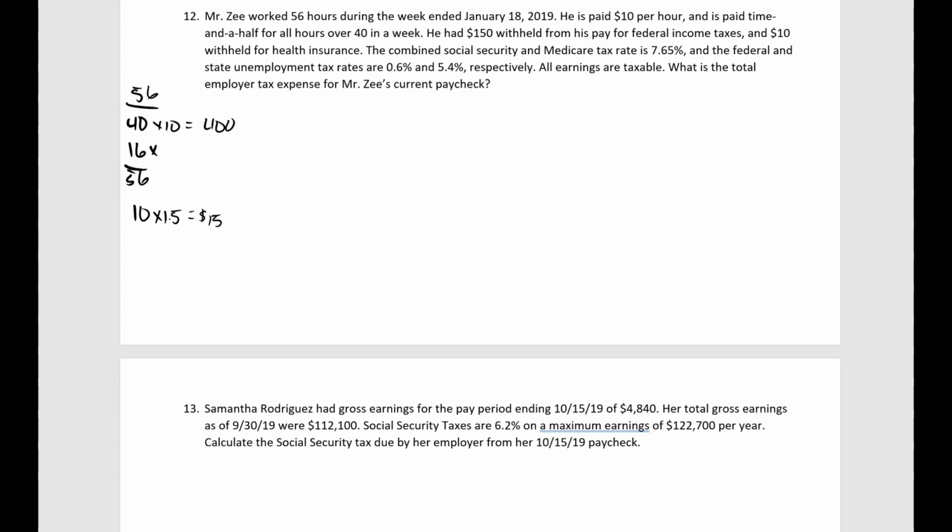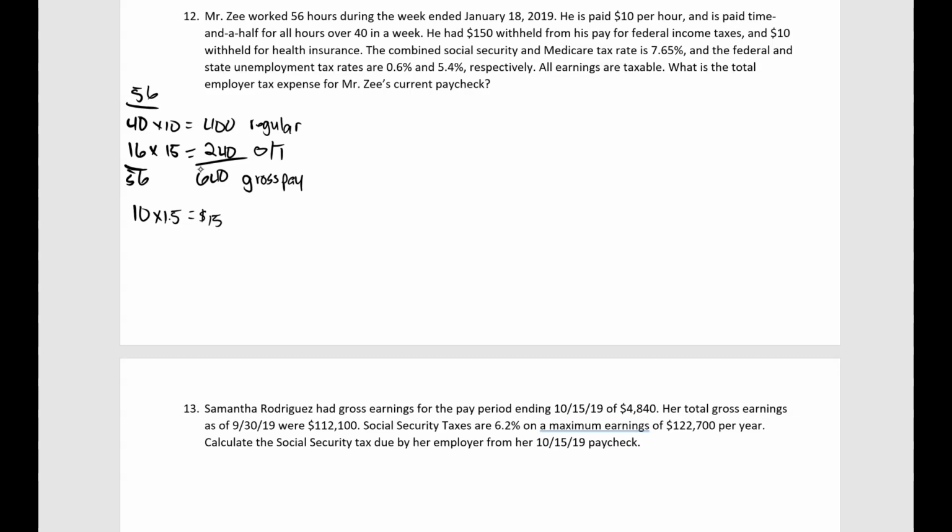So we'll take the 16 hours of overtime, multiply it by the $15, and that's $240 of overtime. So $640 is his gross pay, his regular and his overtime. OT is overtime.